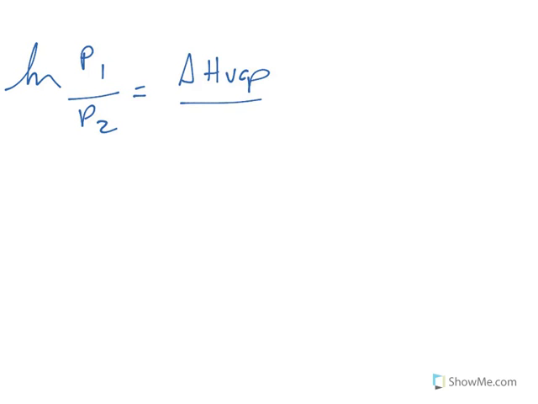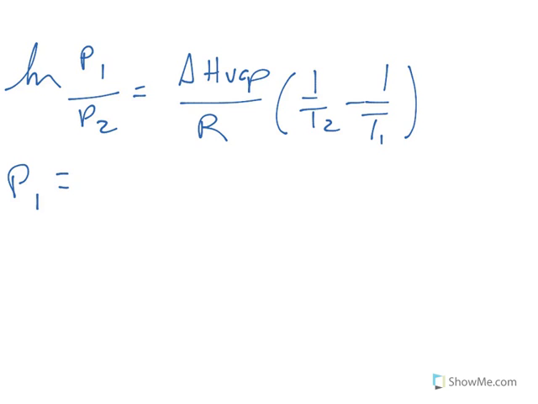So let's try again. I don't have as much room on this screen as I do on a full piece of paper, but I'm just going to restart where we were at. So what was provided to us? P1 was 100 millimeters of mercury.